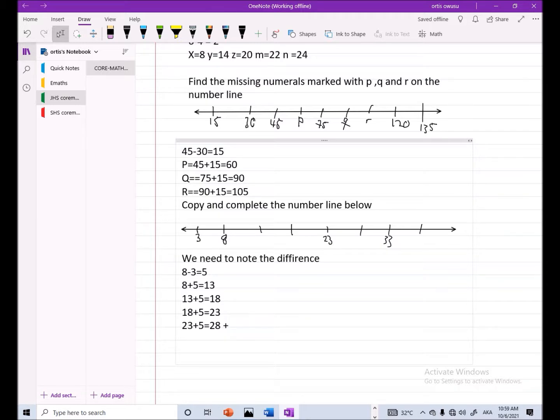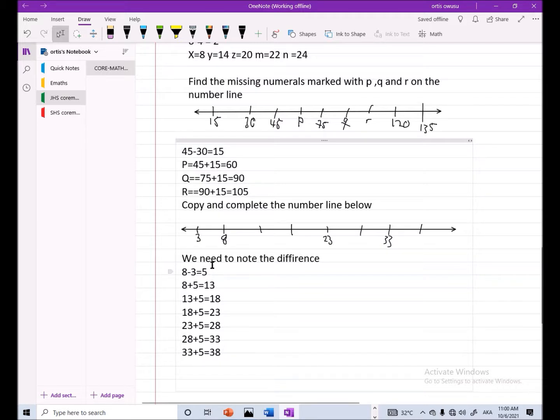And then 28 plus 5 will give me what? 33. So the last one, 33 plus 5 gives me 38.